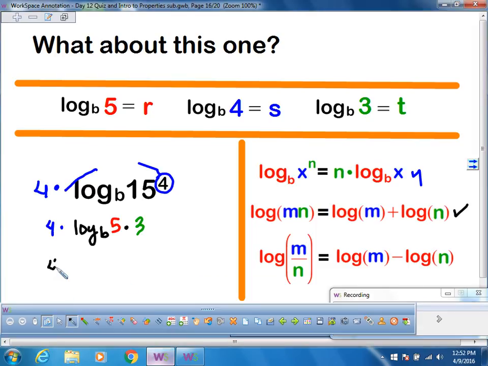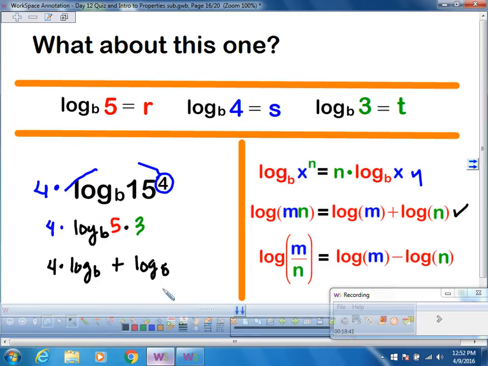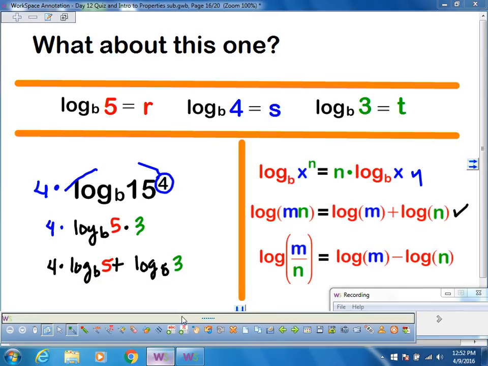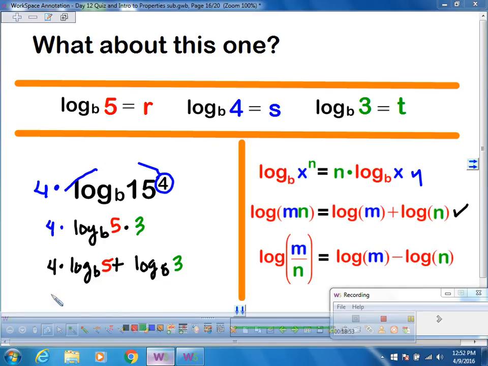So I have 4 times log b of 5 plus log b of 3, and now I can just substitute those values.